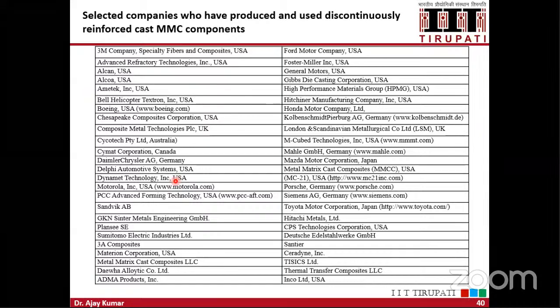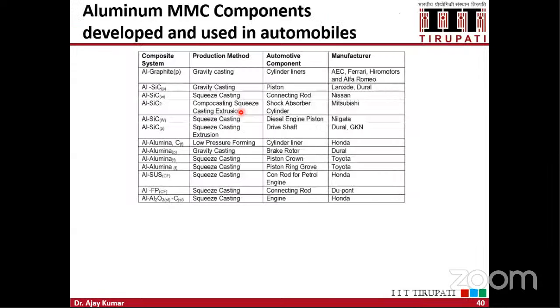This is a very important slide. Most of you will be interested in this. This slide will give you information on which companies in the world make composite materials. These are the names of the different companies which are making these MMCs for different applications. If you are interested you can note down these names of companies. And then there are specific composite systems for specific applications.